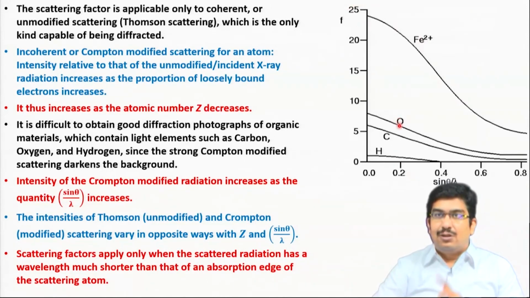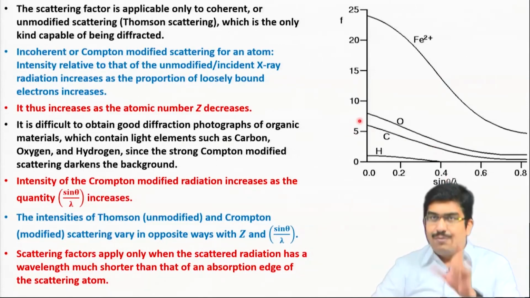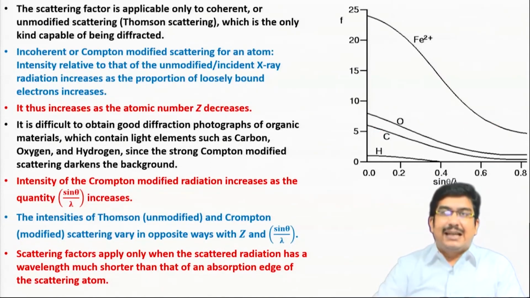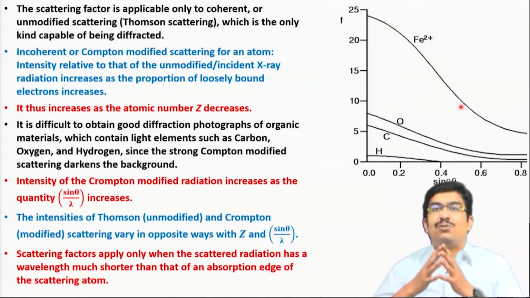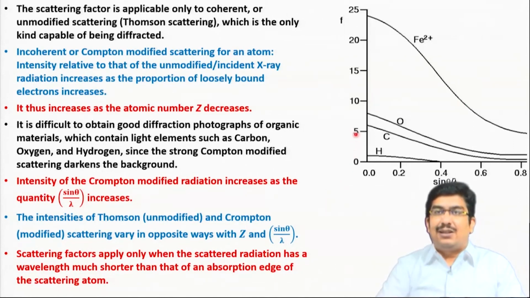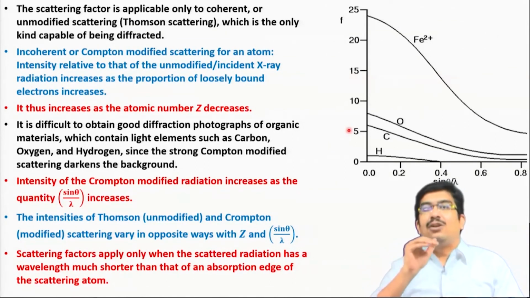Whereas, if we look at lower atomic number elements like carbon, oxygen, hydrogen, we will see that atomic scattering factor does not depend so strongly on sin theta by lambda. Because the Thomson scattering part will decrease with sin theta by lambda, but the Compton scattering will increase with sin theta by lambda, and together these two go in different directions. Altogether, the decrease in the overall intensity of the scattered beam from one single atom will not be that sharp.